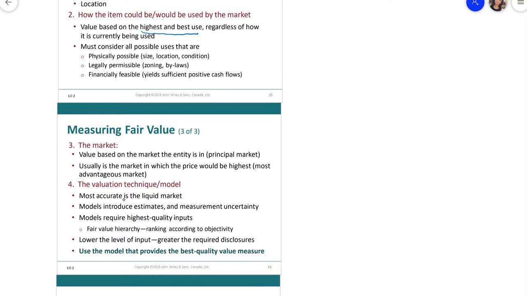The most accurate is the liquid market. Models introduce estimates and measurement uncertainty. When you're using different types of models, they're not always going to be 100%. So it depends on what type of information we have available. From there, we can decide which model is a better model for that specific asset that we are measuring.